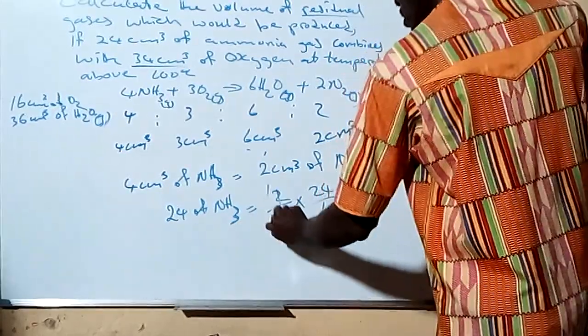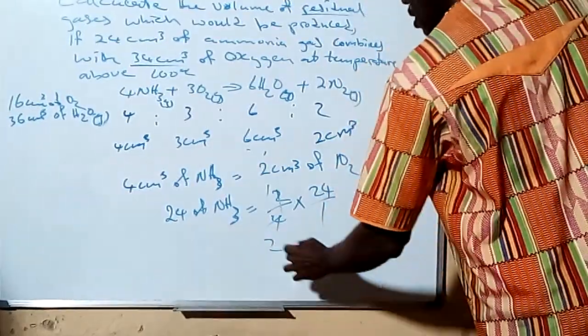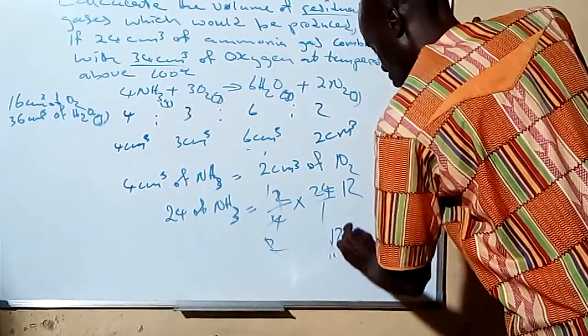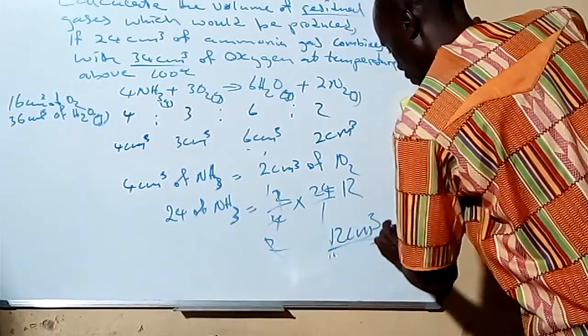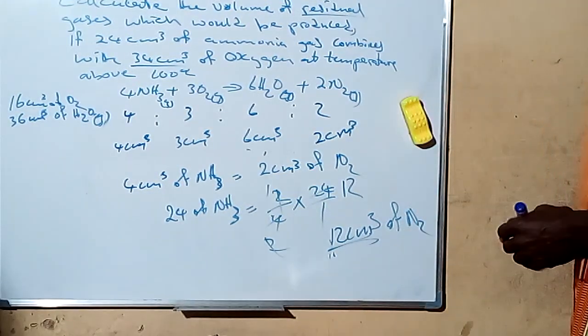Here we have 1, here another 2, and 2 times 12 gives us 12. That means 12 cm3 of nitrogen is what we're going to produce.